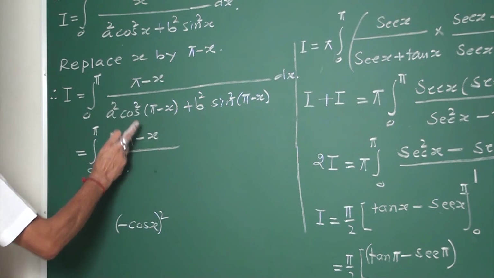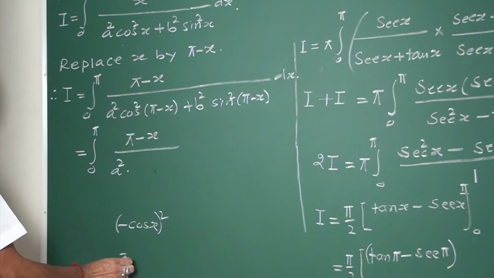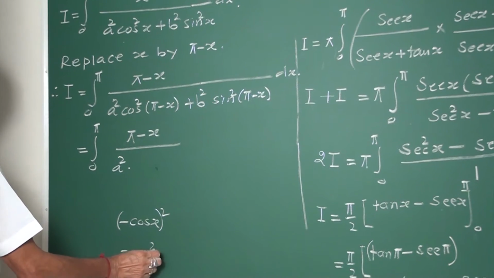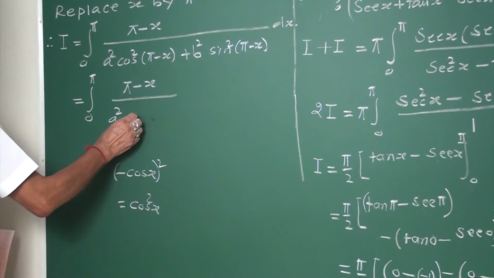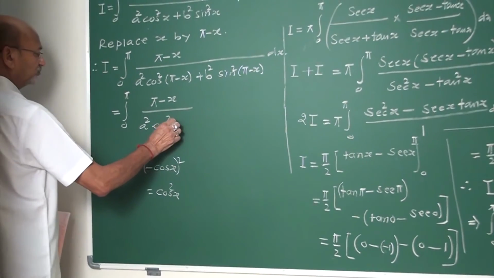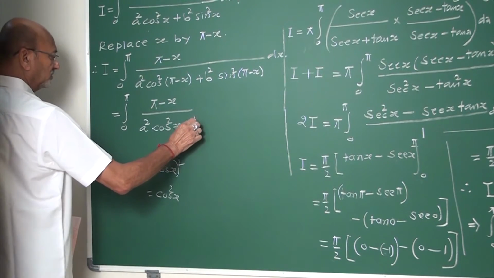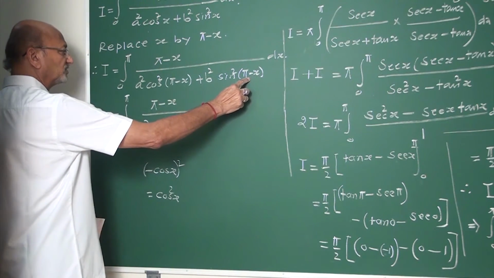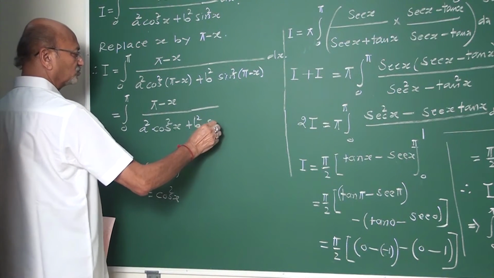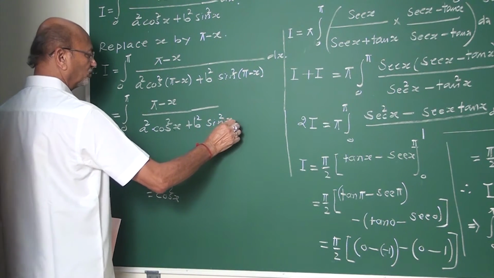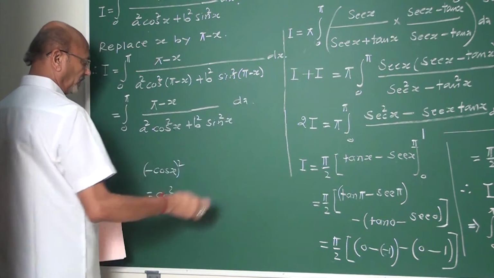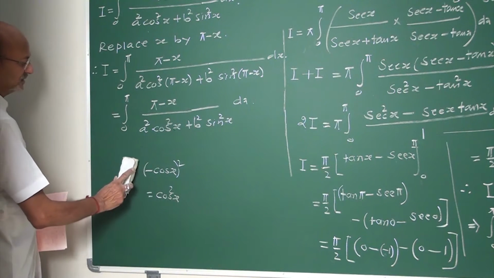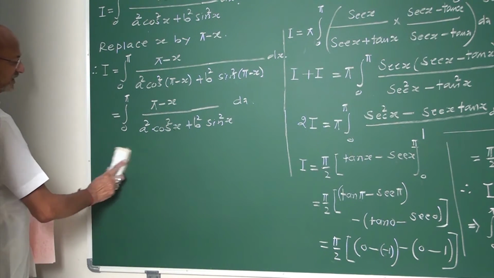Because of the square, it becomes again plus cos square x. So it is a square cos square x plus b square sin x, which is positive in the second quadrant. Square is also there. It is positive dx. Now you write two integrals, my friends.